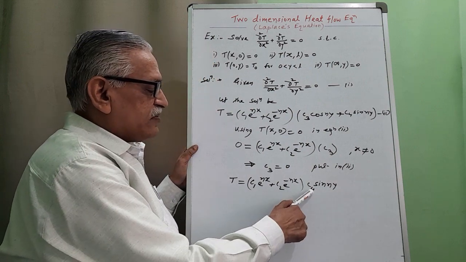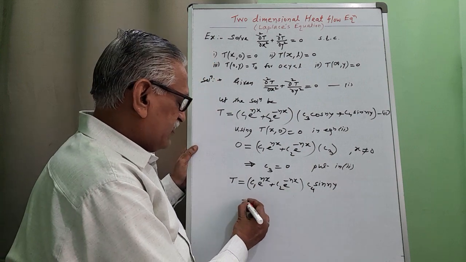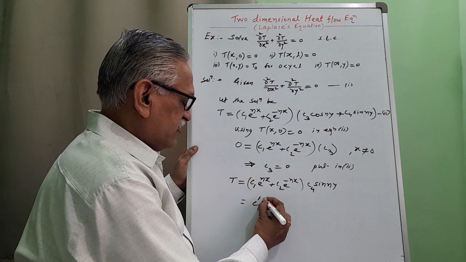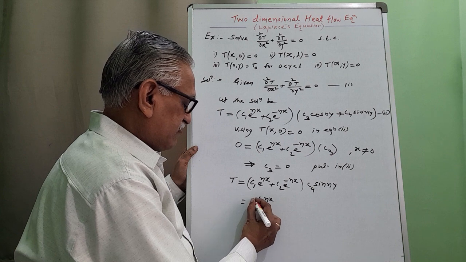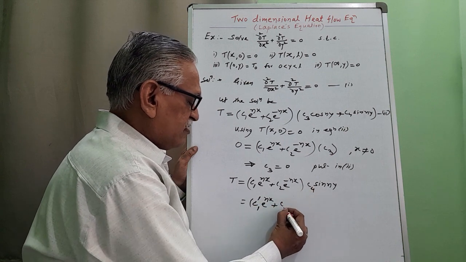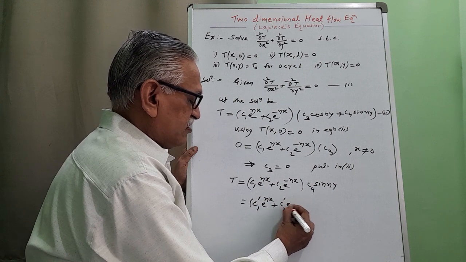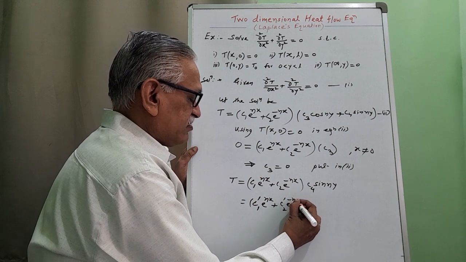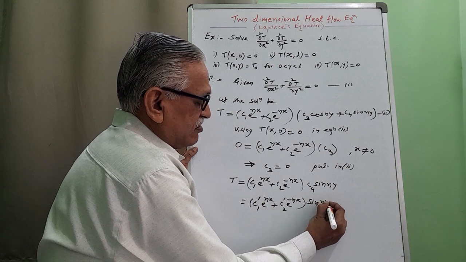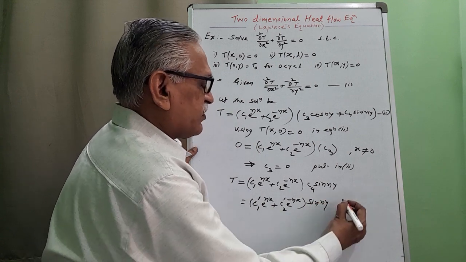Then multiplying by c4 inside the bracket, we get c1 c4 as a new constant c1', and c2 c4 as a new constant c2', so T = (c1' e^(nx) + c2' e^(-nx)) sin(ny), and we call this equation number 3.